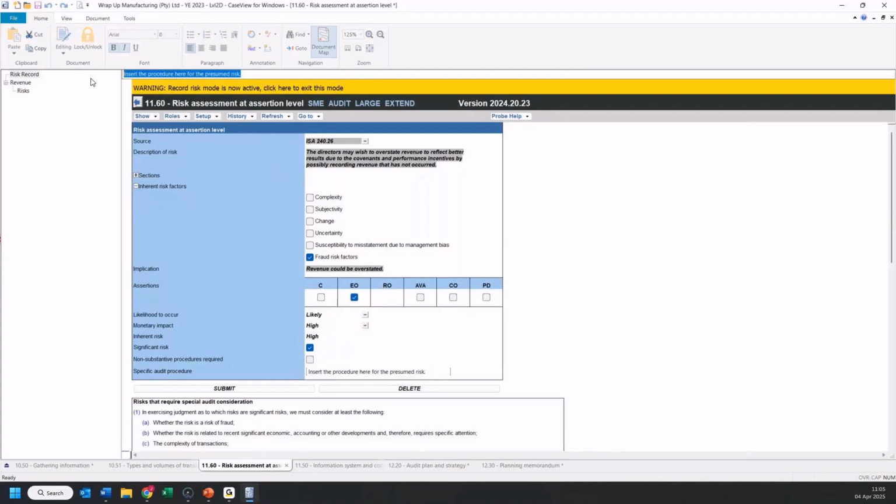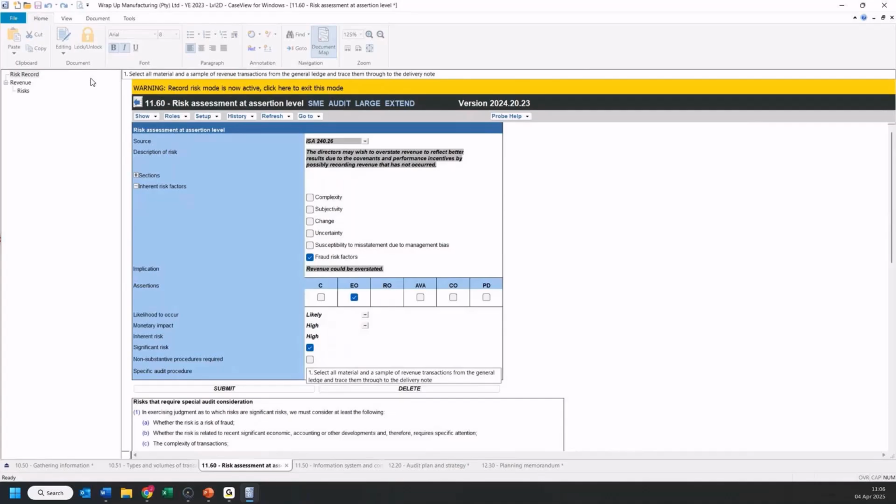So again, I'm going to go into my formula bar and type the responses, and then I'm going to talk about it. But let's see what I've selected to do. I'm going to select all material and a sample of revenue transactions from the general ledger and trace them through to the delivery note.